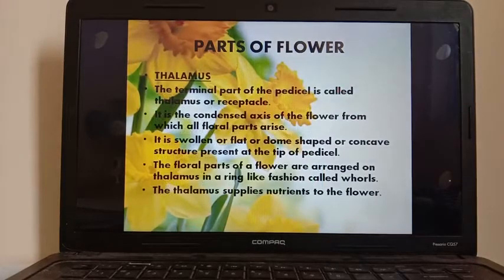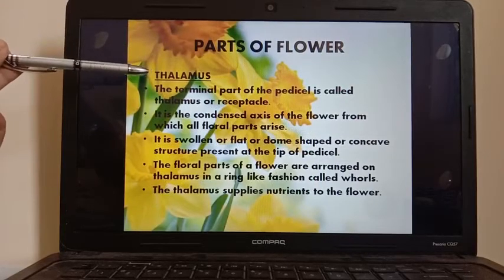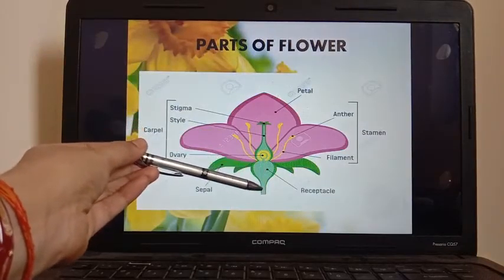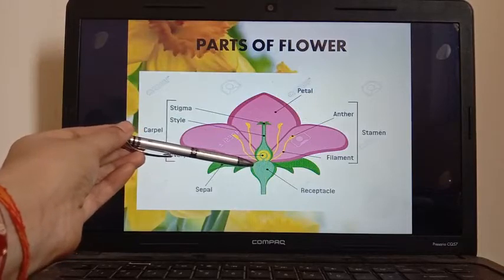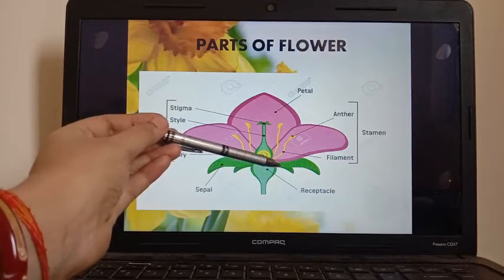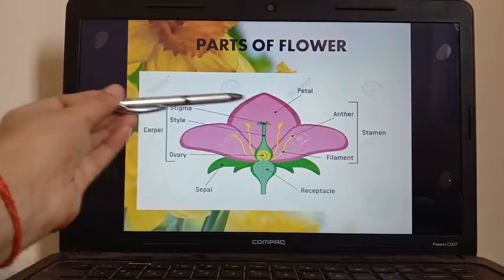Next is the part that is known as thalamus or receptacle. Here in the diagram you have seen this one is the receptacle, that lies at the upper part of the stalk or the pedicel. This is the part, thalamus or receptacle, that can hold all parts of the flower.